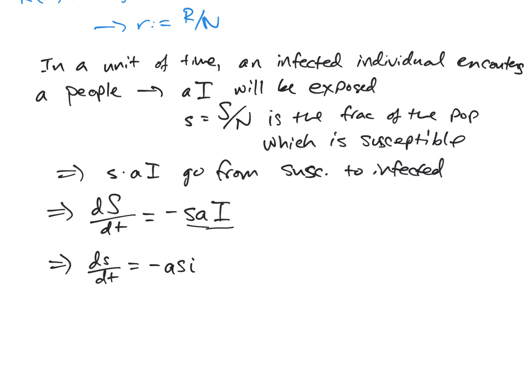So you may have heard of this quantity R naught, which is really important for how COVID was spreading. In some situations, we had an R naught that was bigger than 1, and that means any infected person is infecting more than one person, and so you get exponential growth.